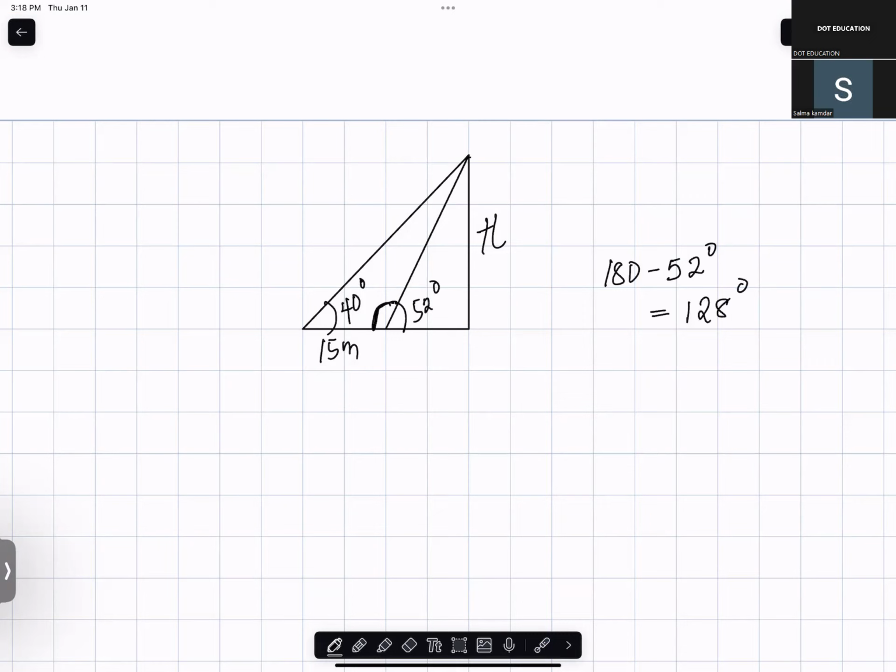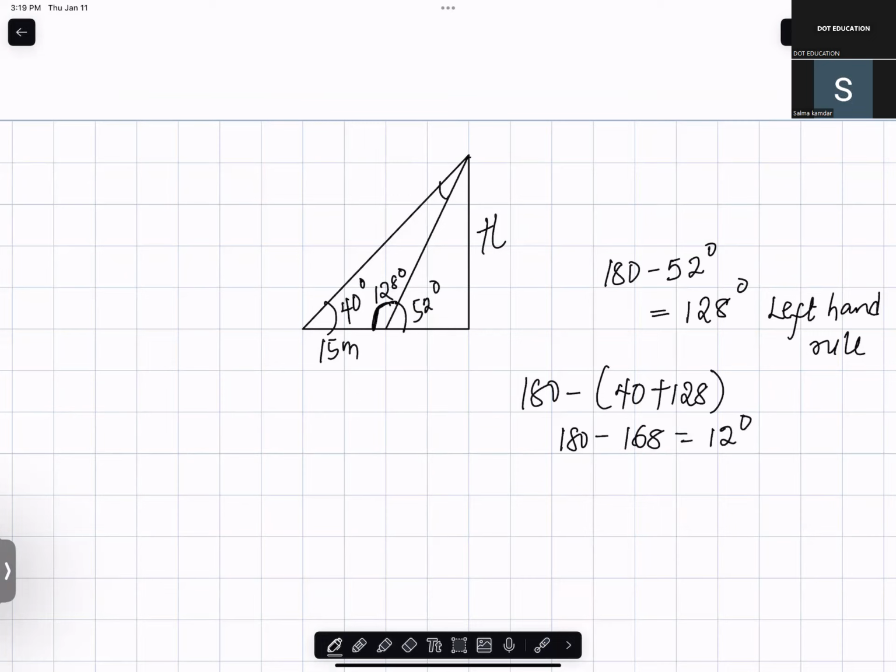So this angle, using the left hand rule, we call it left hand rule, gives me 128. So I can look for this. That is 180, the sum of angles in the triangle, minus 40 plus 128. So that gives me 180 minus 168, which gives us 12 degrees. So this is 12 degrees.